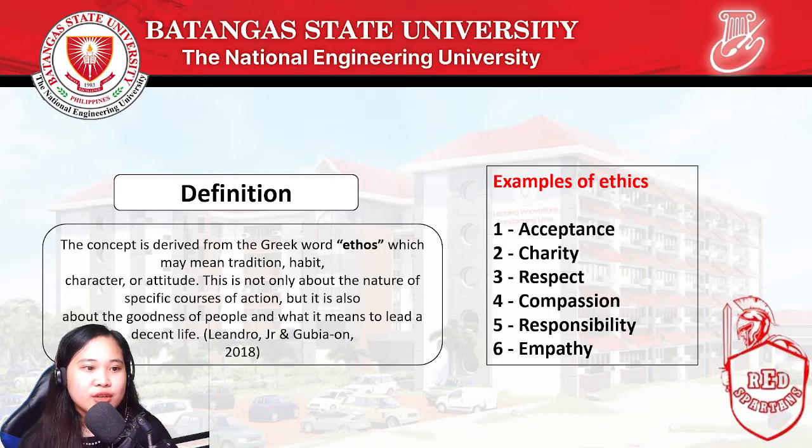Okay? So this often refers to any scheme or philosophy of universal ideals or beliefs. So these are the examples of ethics. First, we have acceptance, charity, respect, compassion, responsibility, and empathy.